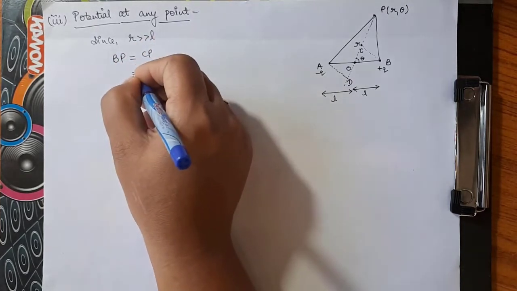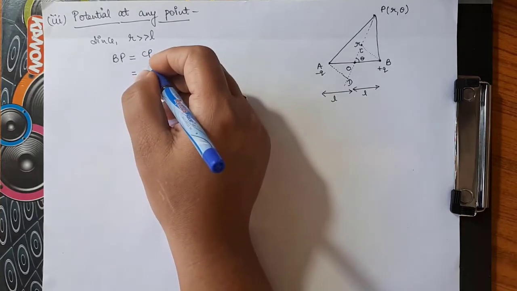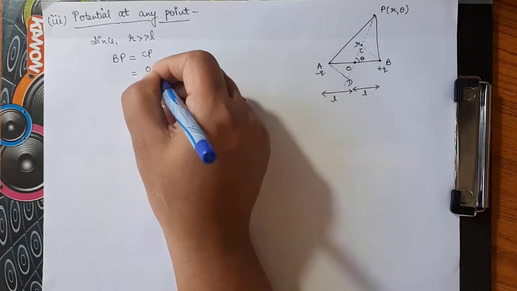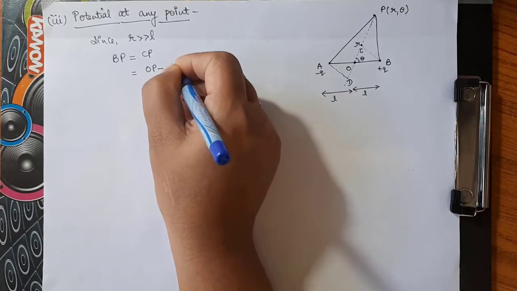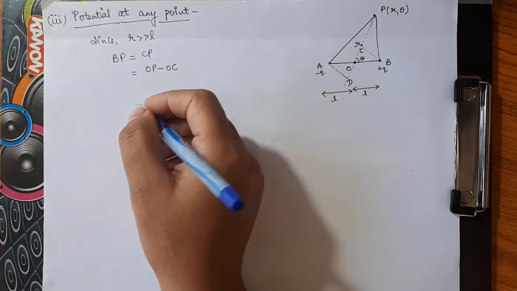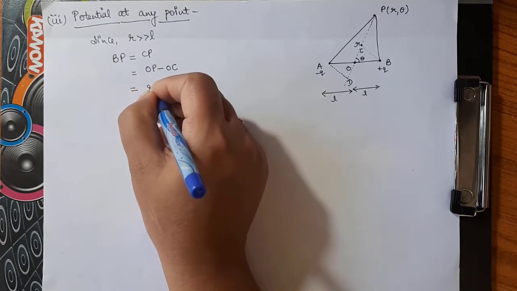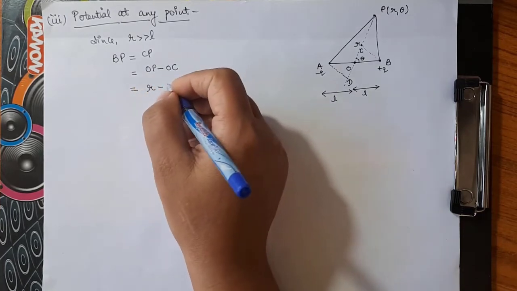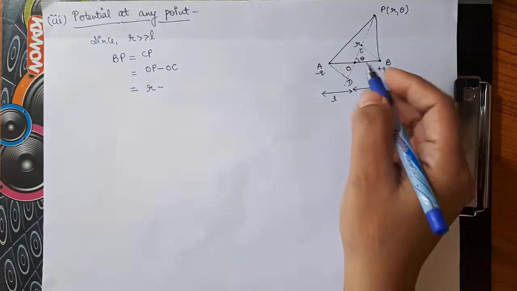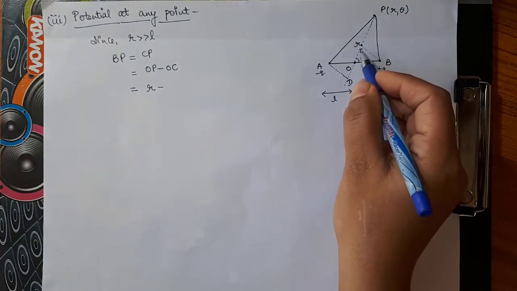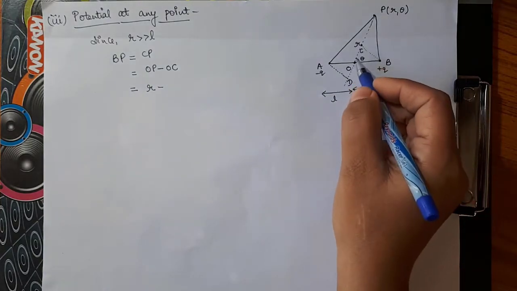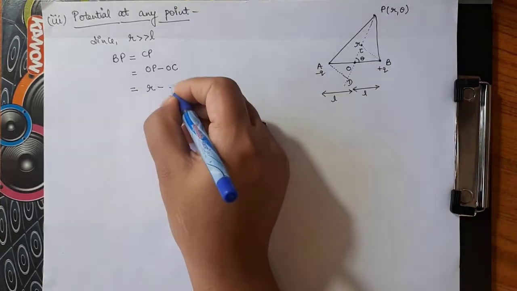And what will be the value of CP? CP is actually OP minus OC, if you view the figure clearly. OP is represented as r and OC is calculated by considering this small triangle. OC will be equal to L cos theta.